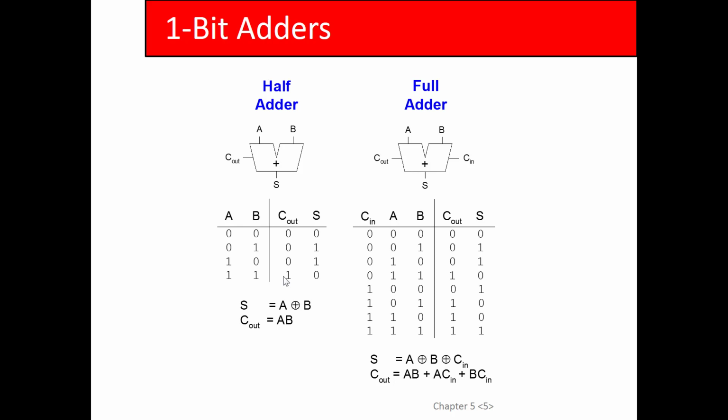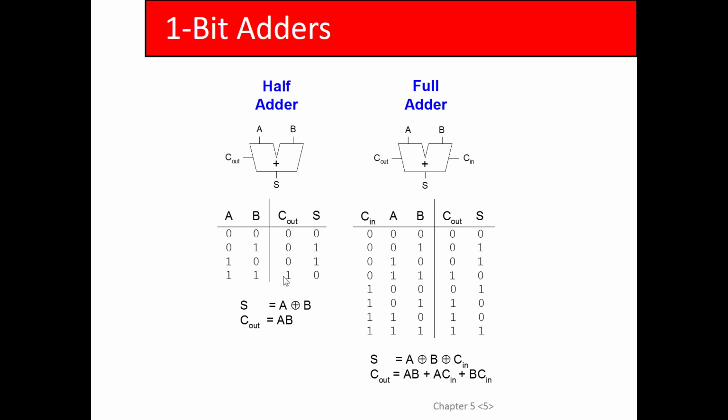Or if all 3 of them are 1, you have a 1 in the sum. You guys with me? So it's a modulo, which is also the same as doing an XOR. A 3-input XOR is a modulo 2, also known as a parity operation. You guys with me? Is there an odd number of 1 bits? Right? The carry out is going to be set whenever at least 2 of the bits are set, right? So if I've got 2 or 3 bits that are 1, then my carry out is 1.